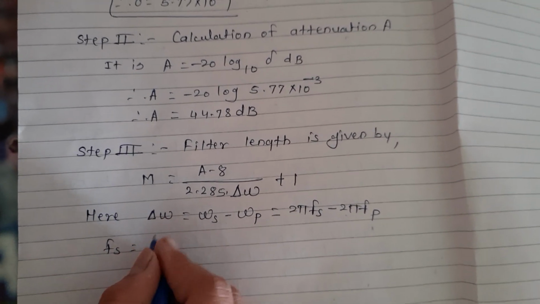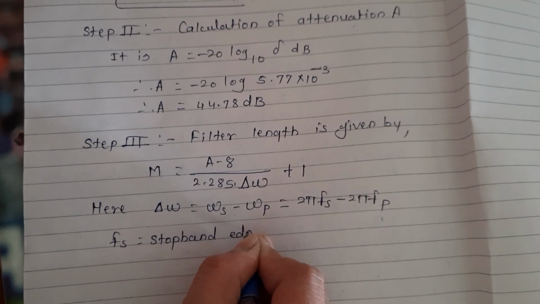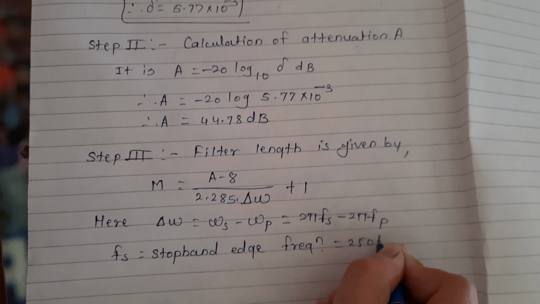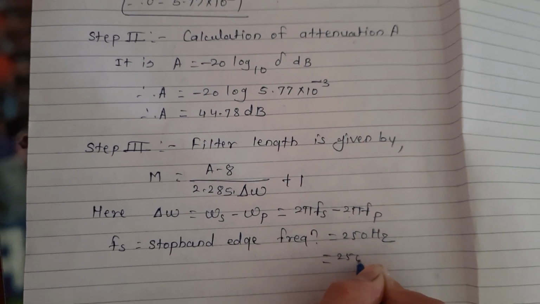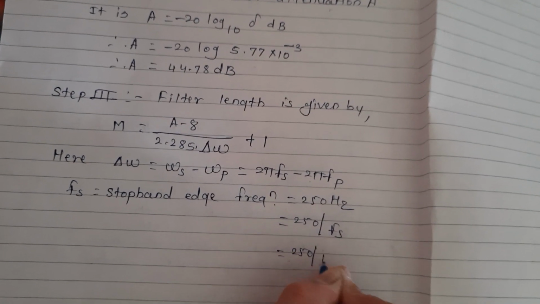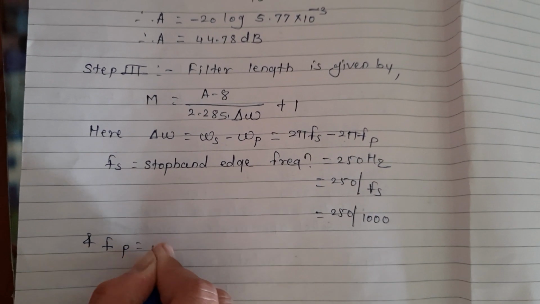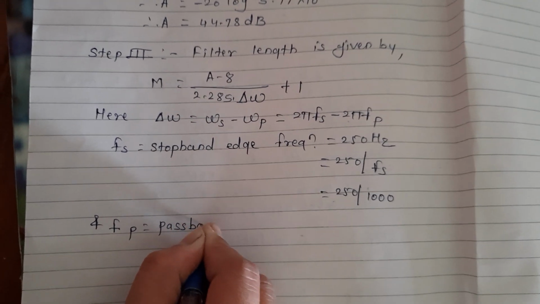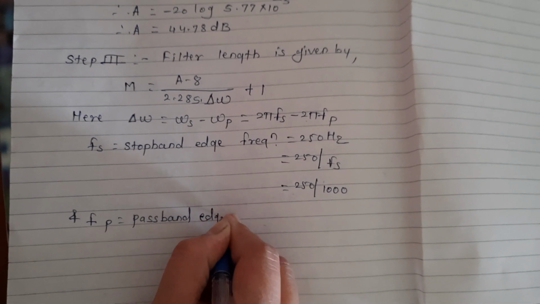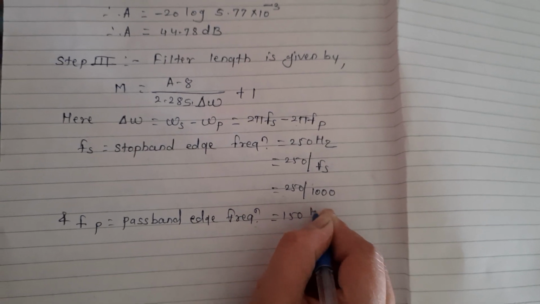It is equal to the stopband edge frequency, that is 250 Hertz. So it is equal to 250 divided by 1000, and Fp is equal to the passband edge frequency, that is 150 Hertz.